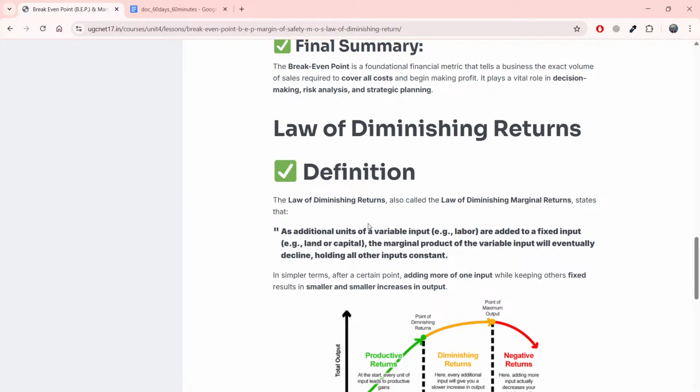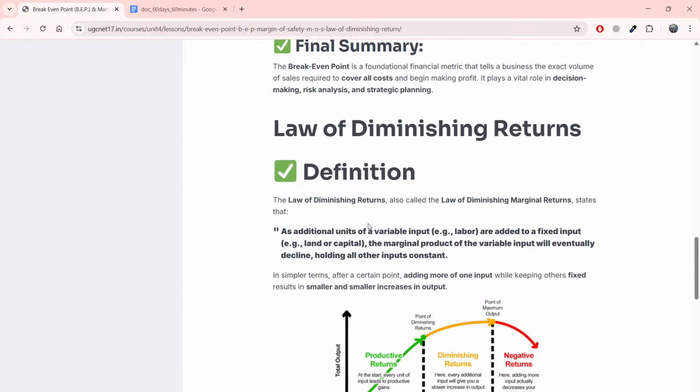As additional units of a variable input are added to a fixed input, the marginal product of the variable input will eventually decline, holding all the other inputs constant.